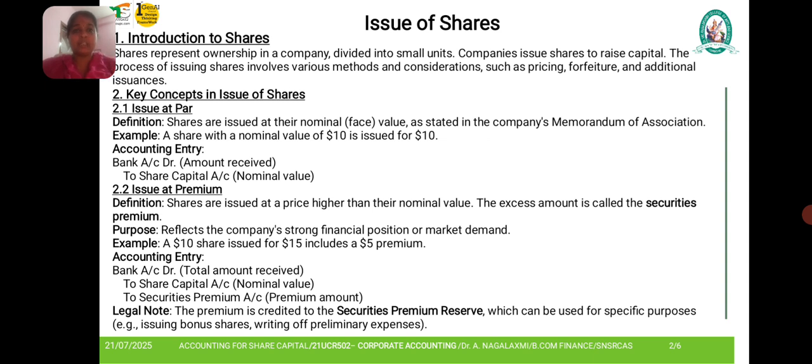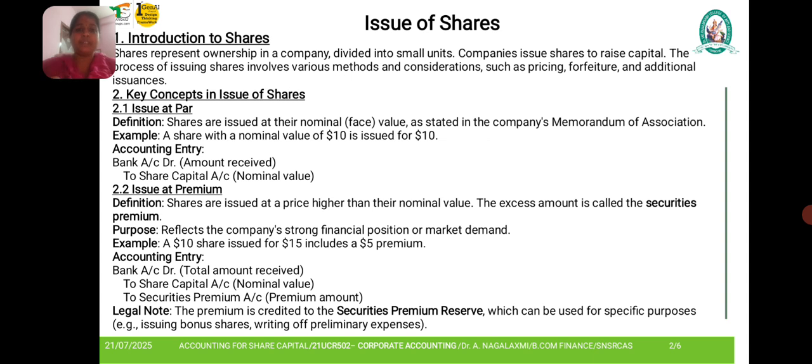So the board decides to issue 1 lakh equity shares of rupees 10 each. So one share costs 10 rupees. It will be issued to the public, and they invite the public to get the shares.